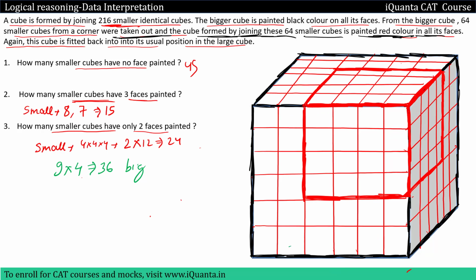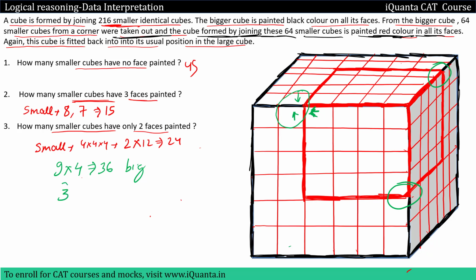If we come to the edges that were disturbed, we can see that this particular cube will have only 2 faces painted because only 2 of its surfaces are visible. This surface of this particular cube will not be painted, because after we took out this red cube, we didn't paint the inner surfaces. So we'll have one such cube over here having two faces painted, one such cube over here, one such cube over here.